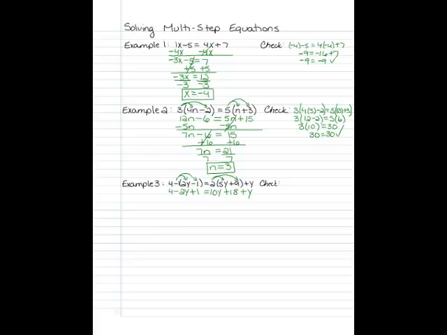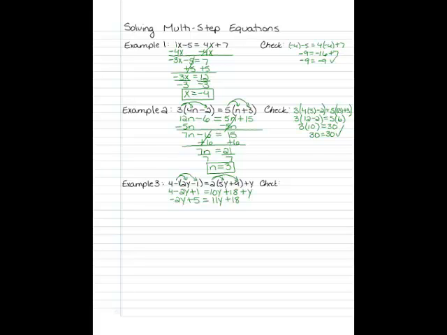Now we want to simplify both sides as much as we can, so I'm going to see if I can combine some of these like terms here. On the left we have -2y, 4 plus 1 is plus 5, equals, here we have 10y plus y, so 11y plus 18.